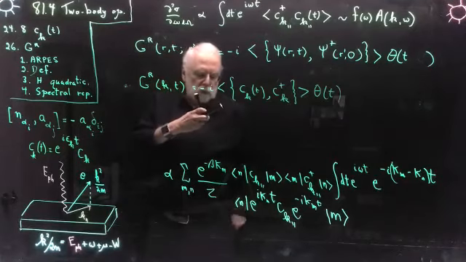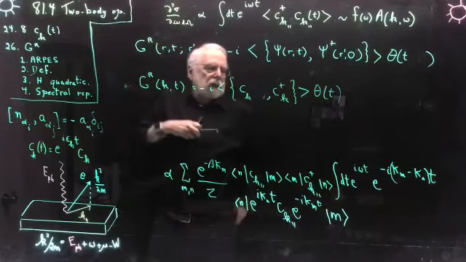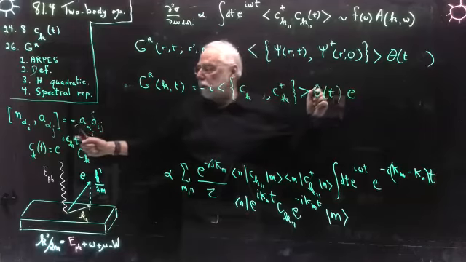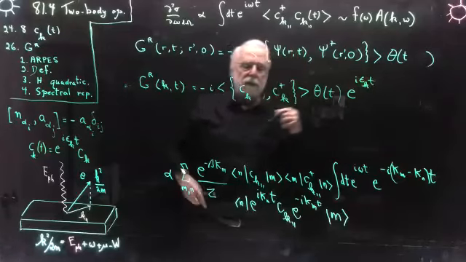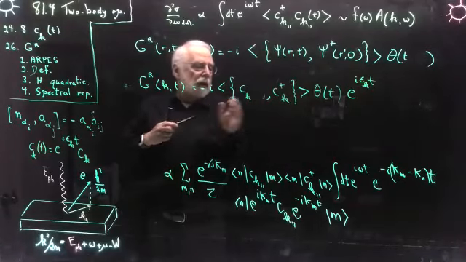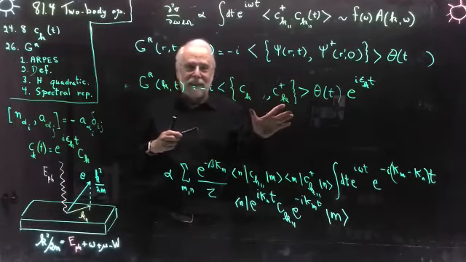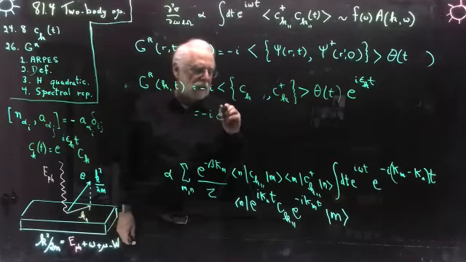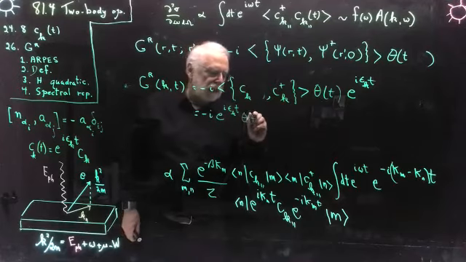This is equal to c_k, again just because we have a quadratic Hamiltonian. Otherwise it wouldn't work. e to the i epsilon_k t. And now this anti-commutator is equal to 1. So I get minus i e to the i epsilon_k t times theta of t.